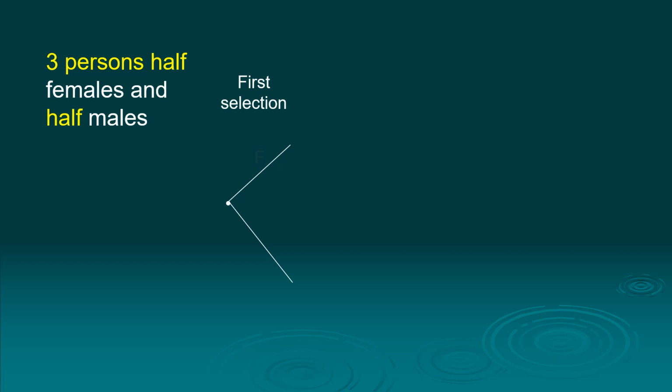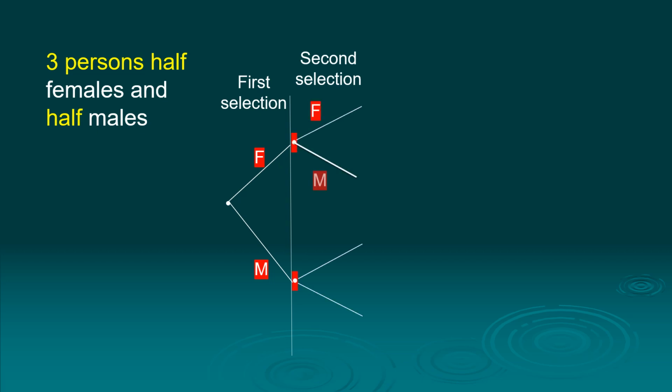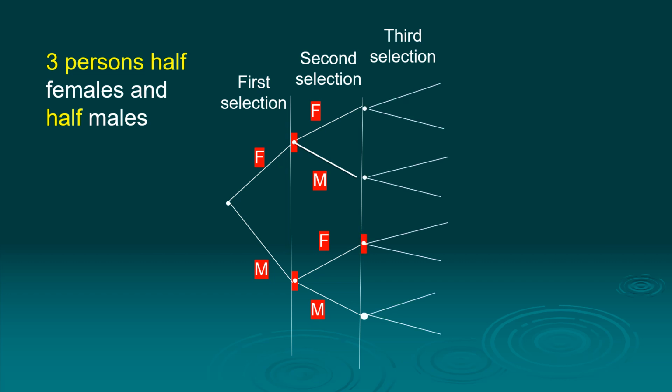So from each of the nodes, we draw again 2 branches representing the male and the female, thus giving 4 nodes. And for each of the 4 nodes, there are 2 possible outcomes for the third person. So we repeat the process to finally end up with 8 nodes corresponding to the 8 outcomes.